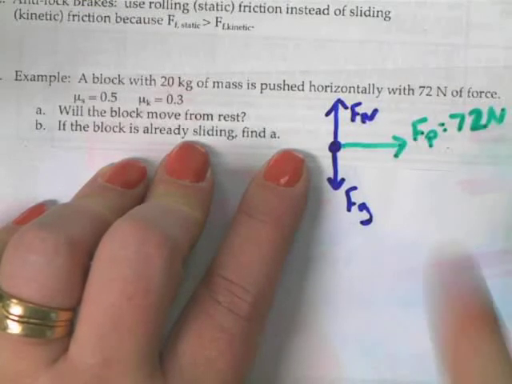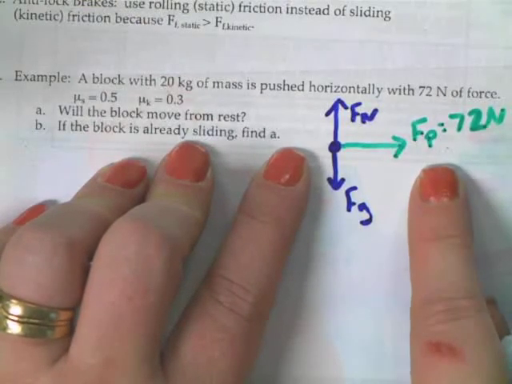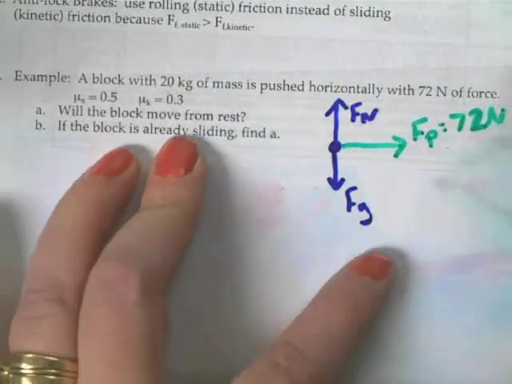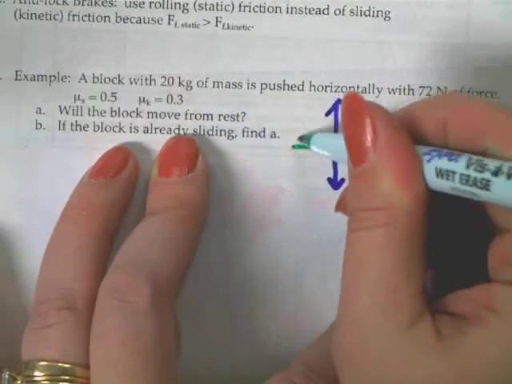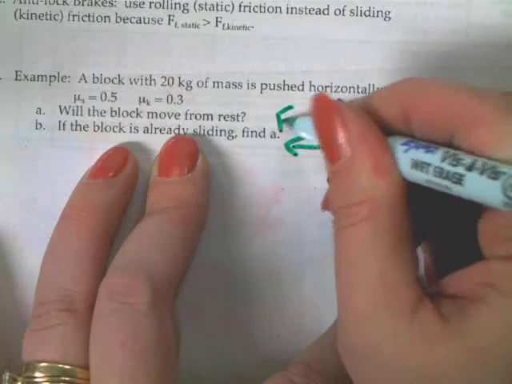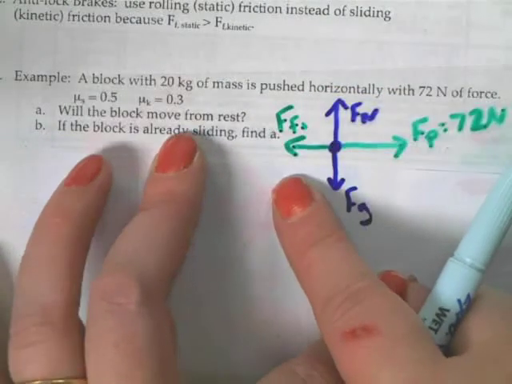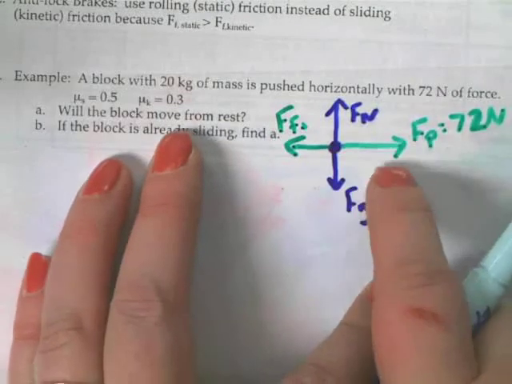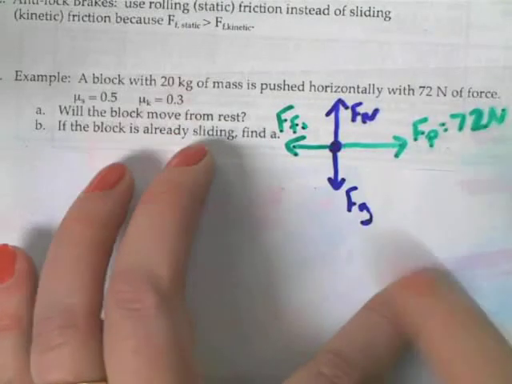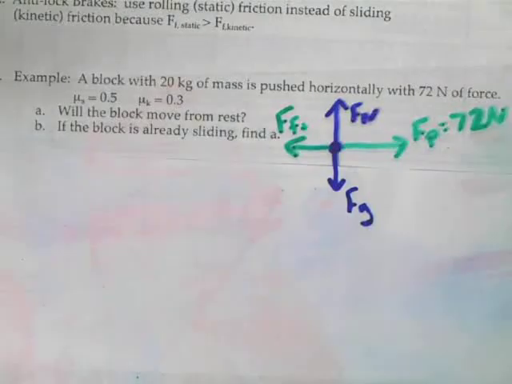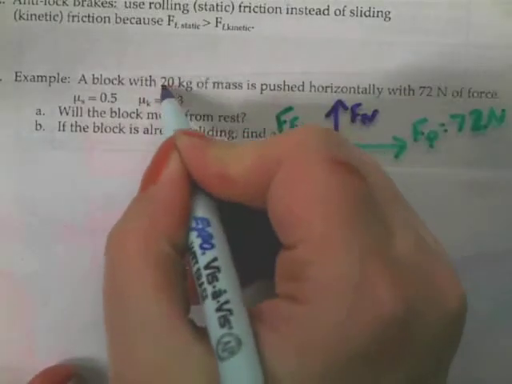You've been pushed over backwards, and we know that doesn't happen. So static friction, if we're pushing on something to get it to move, cannot be larger than my push force. It can be the same size, or it can be smaller. So I don't know how big it is. There's some force of friction, static. I really don't know the size. All that I know is it can't be larger than my push force.